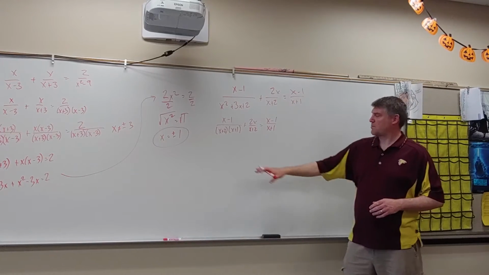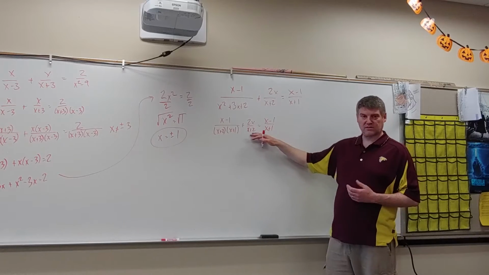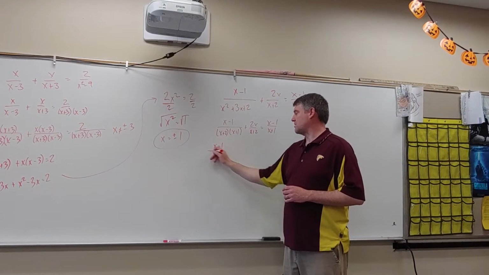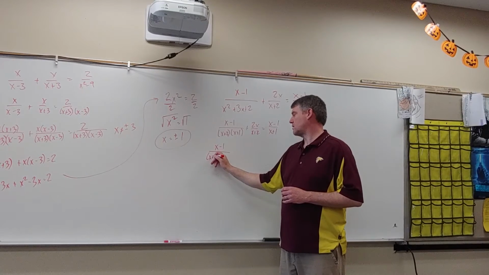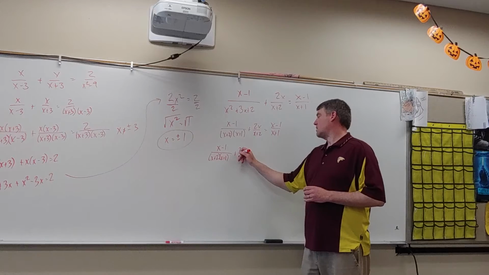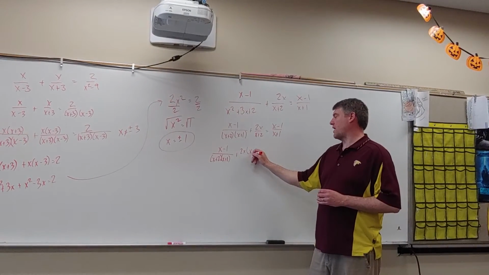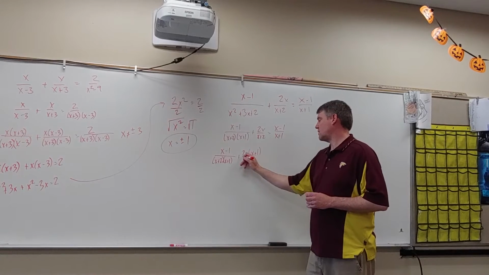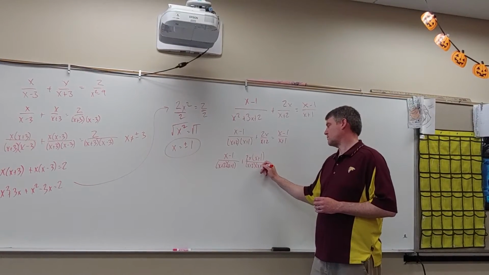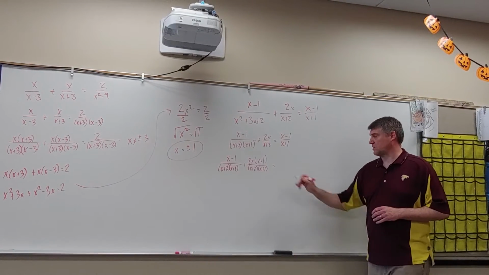My common denominator is going to be x plus 2 times x plus 1, because of the identical pieces there. For the first part, I'm not missing anything, so I'm just going to rewrite it. Now this is missing the x plus 1, so I'm going to multiply 2x by x plus 1. On this side I'm going to multiply by x plus 2.